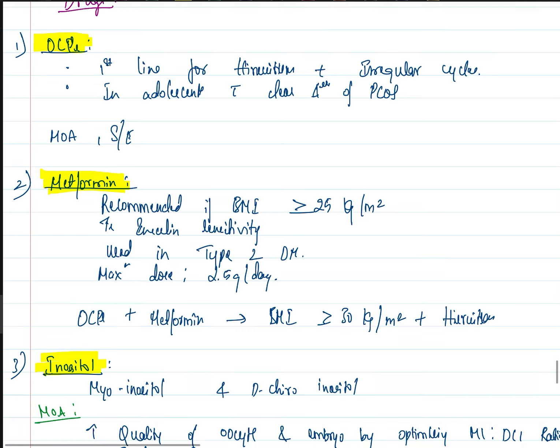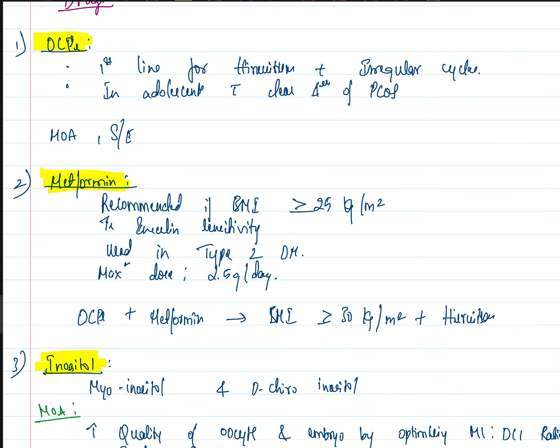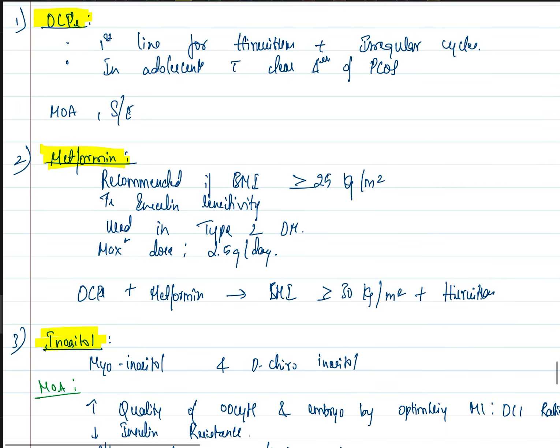Before prescribing OC pills, you have to get baseline investigations of lipid profile and liver function tests, check your blood pressure, and check your sugars. All those things have to be done, and take a proper history of any previous thromboembolic events. Secondly, metformin.